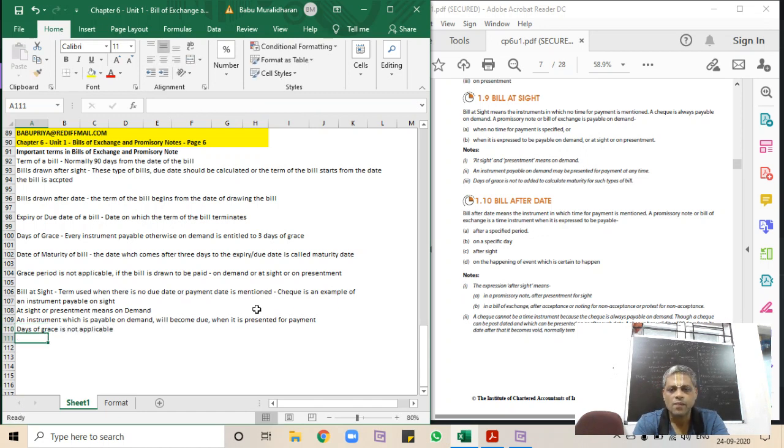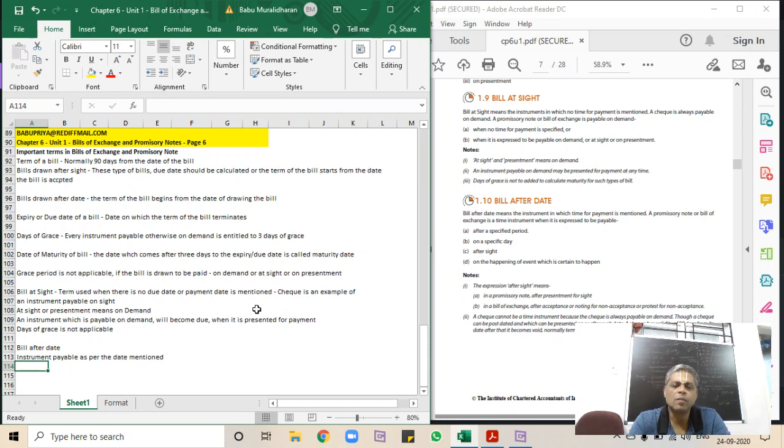Next, what we have to say is bill after date. We saw this means an instrument payable as per the date mentioned. The date is mentioned, like it is payable on so and so date, meaning it is payable after the date.